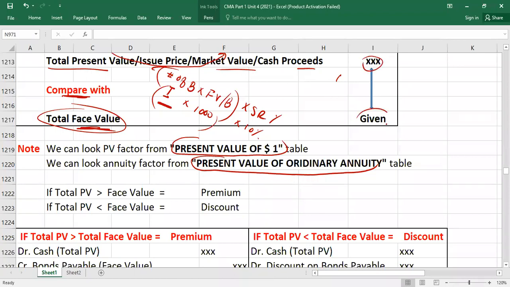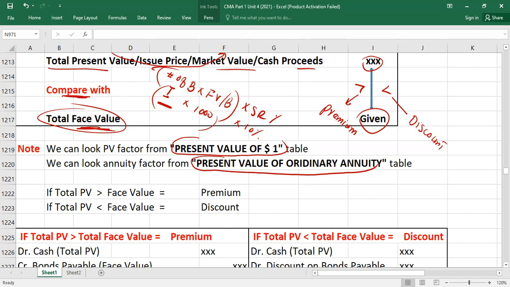If the present value is greater than the face value, the difference will be the amount of premium. If the present value is lesser than the face value, then this amount will be the discount. And if I want to convert the premium or discount into total, I will multiply with the number of bonds. Okay, understood? I hope it is clear. So the face value is multiplied with the PV factor, and the interest is multiplied with the annuity factor.